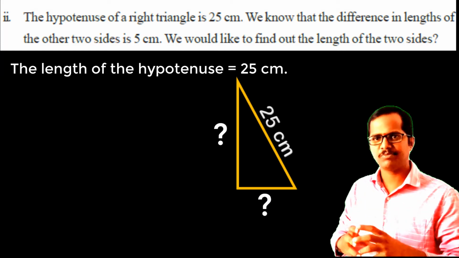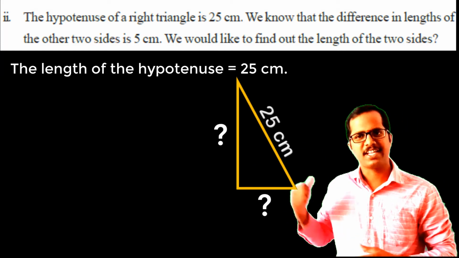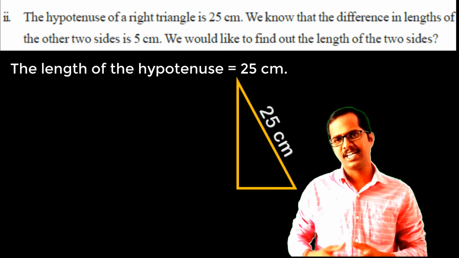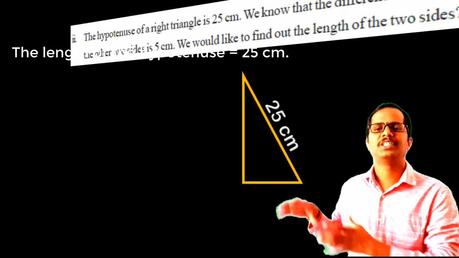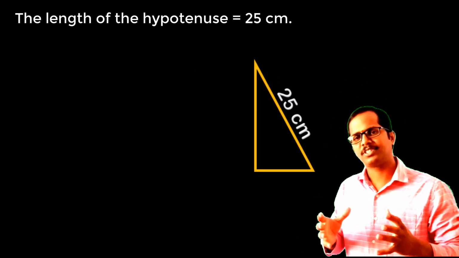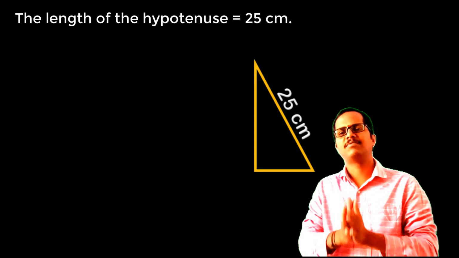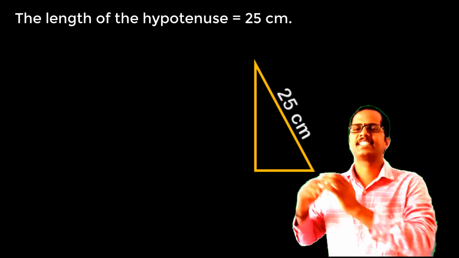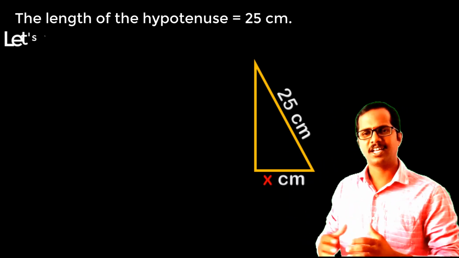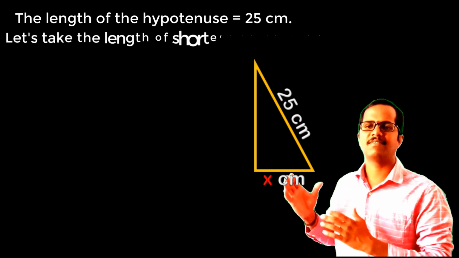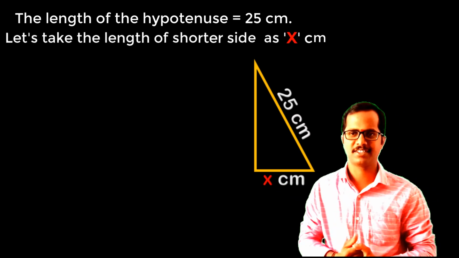Or if we assume the larger side as one variable, then we can say the smaller side using that variable. So let's suppose, assume the length of the smaller side as x centimeters.